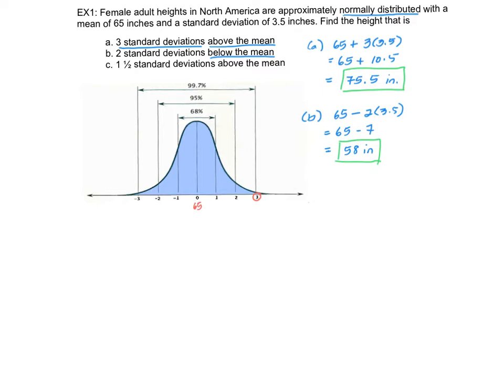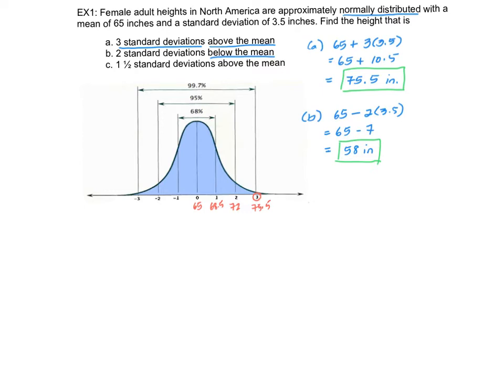If I were going to go 1 standard deviation, I would add 3.5 to get 68.5. If I was going to go to 2 standard deviations above, I'm going to add another 3.5 and I'll get 72. So 3 standard deviations, I would add another 3.5 to get 75.5.